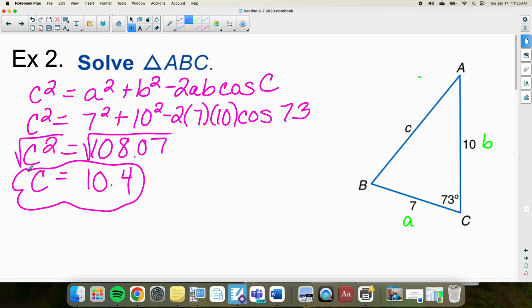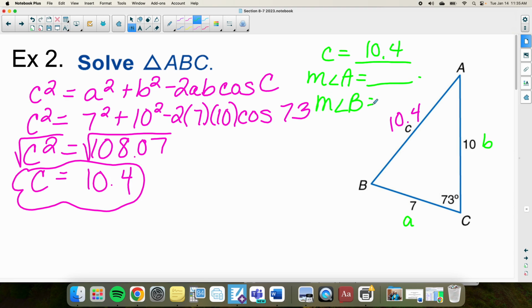I need to come over here and put that here. And then I guess I never wrote down what we need in this one. We need little c, which is 10.4, we need the measure of angle A, and we need the measure of angle B. Now, if you guys turn something in that just has answers, I'm not going to give you credit.